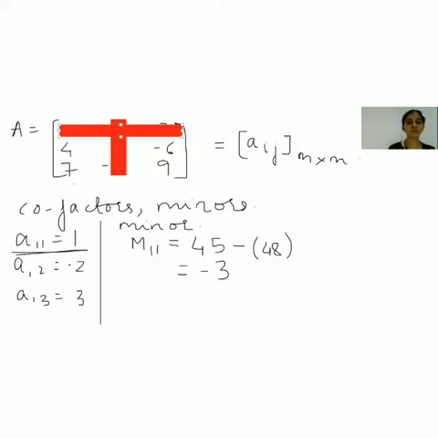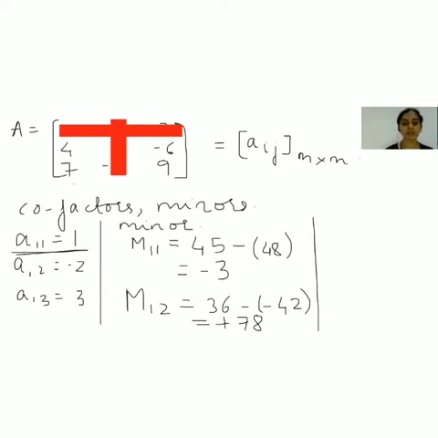It lies in the first row and it lies in the second column. So we've hidden those two, and then we will find the determinant value of the remaining. So M12 is equal to 36 minus of minus 42, so 36 plus 42, that is plus 78. The minor of this element is plus 78. Similarly, we can do it with any other element that you want to find.